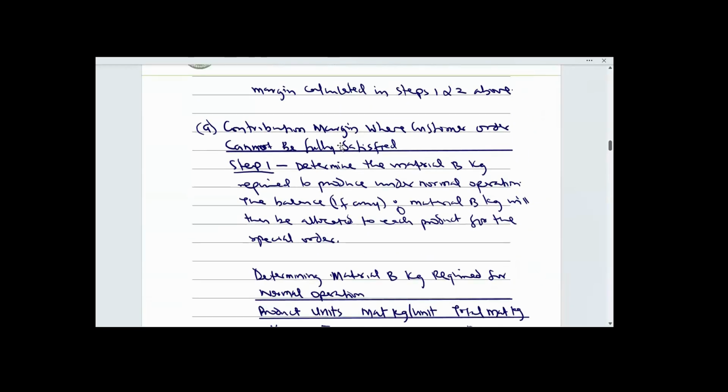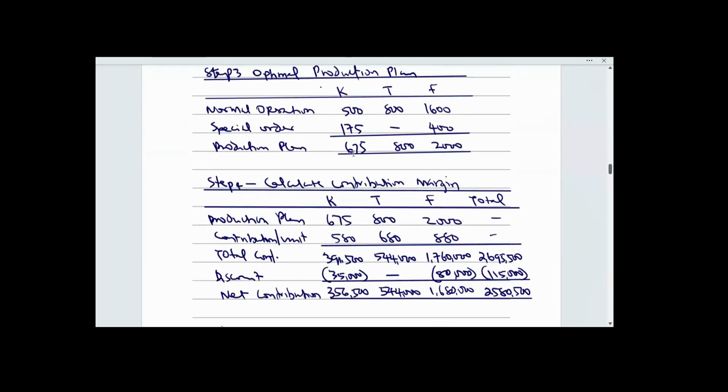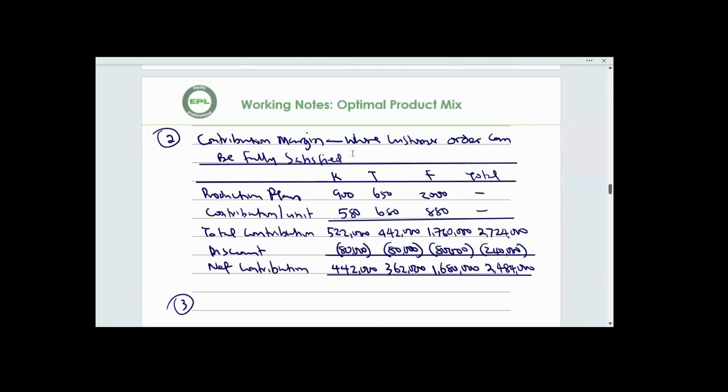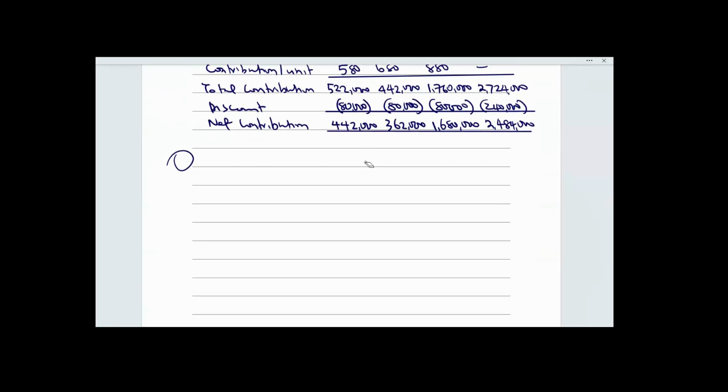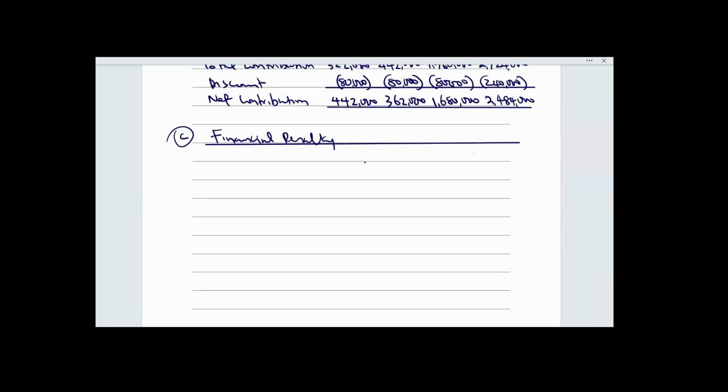Okay, I call it A. Let me change it: A, B, C. So the financial penalty, like we said, will represent the difference between the contribution margin calculated in steps A and B above.